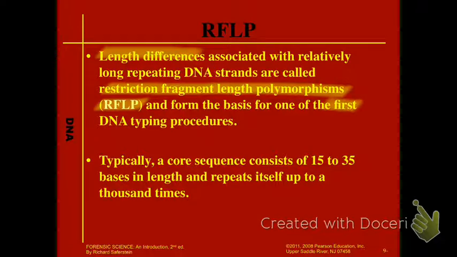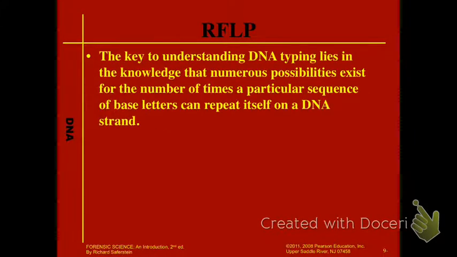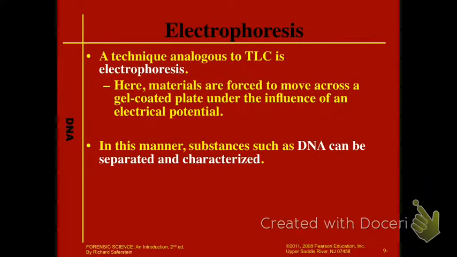Just like the diagram before showed, a core sequence is 15 to 35 bases long, and it can repeat itself up to 1,000 times. So these are huge chunks of DNA. There are all kinds of different possibilities that exist for the number of repeats a person can have. And that is, again, what distinguishes one person from another. It individualizes people.